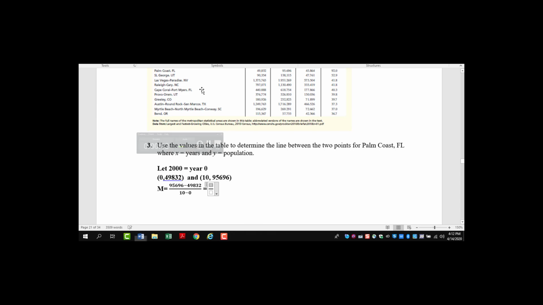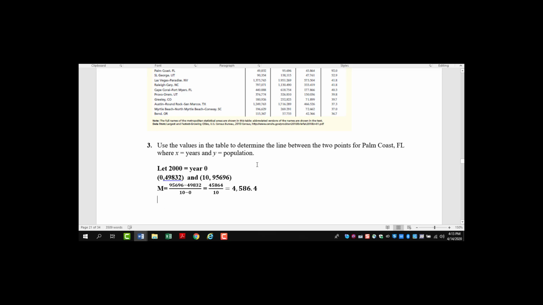And we're going to get 45,864 over 10, which will equal 4,586.4 over 1, which there's the slope.